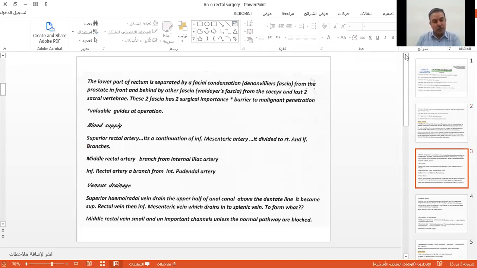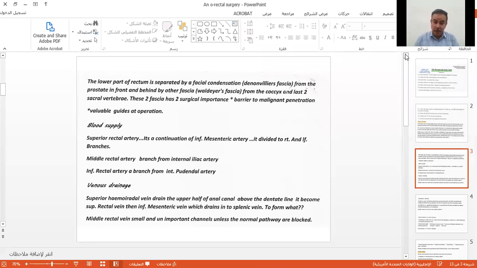The lower part of the rectum is separated by a fascial condensation, Denonvilliers' fascia, from the prostate in front, and behind by a wide layer of fascia from the coccyx and last 2 sacral vertebrae. These 2 fascia have surgical importance: a barrier to malignant penetration and a vulnerable guide at operation.